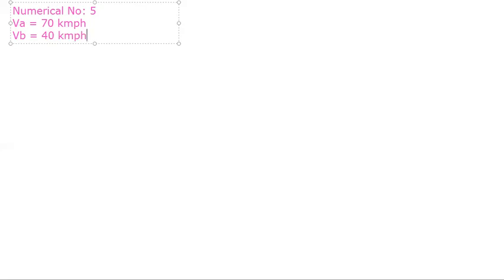These two velocities are given. After that, the acceleration of the vehicle is equal to 1 meter per second square, as acceleration has the unit of meter per second square. Calculate.